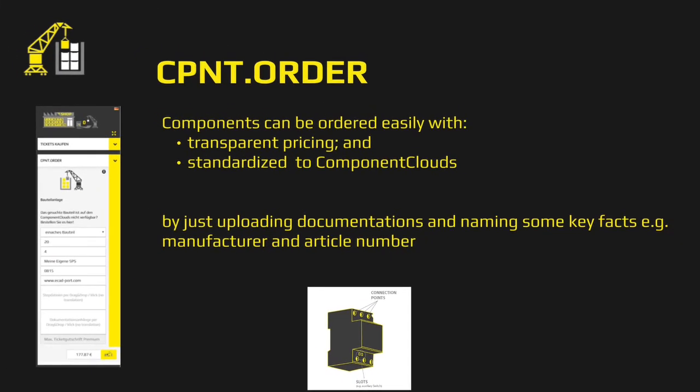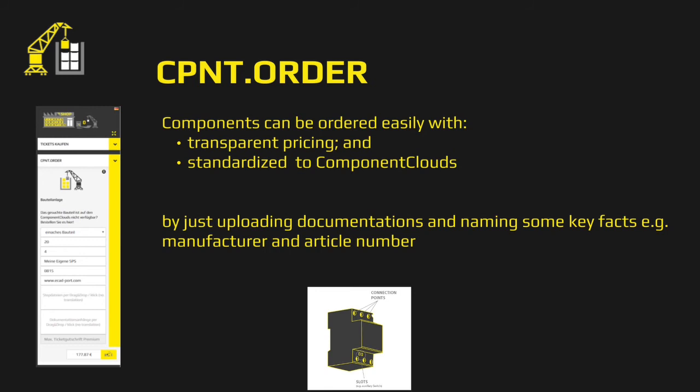So once again, a summary of what I said up to now. The component order process is the first available component configurator for E3.series at all, with transparent pricing and to provide standardized components via the ComponentCloud.